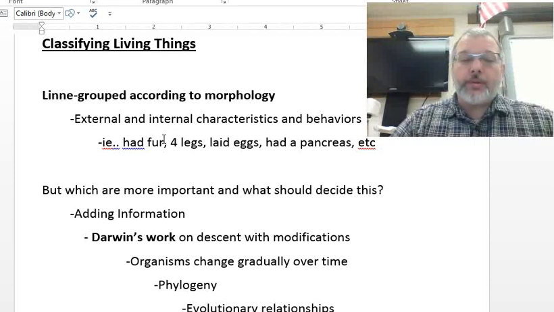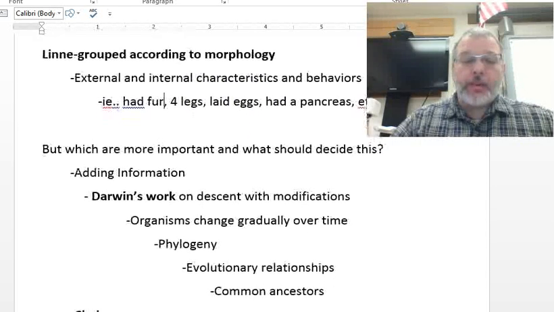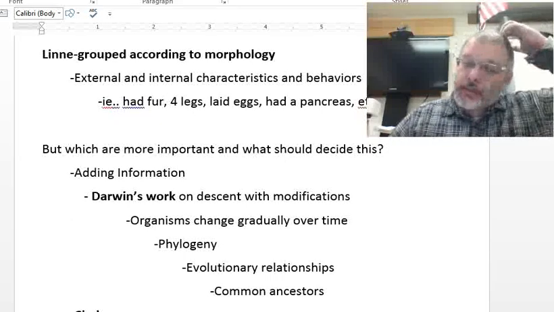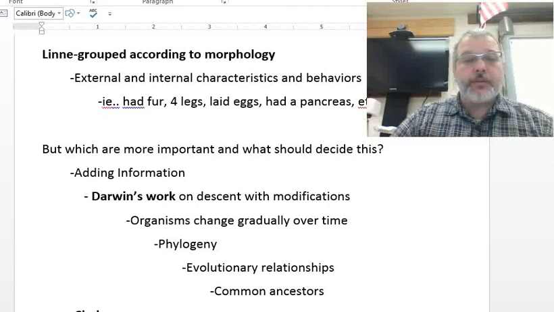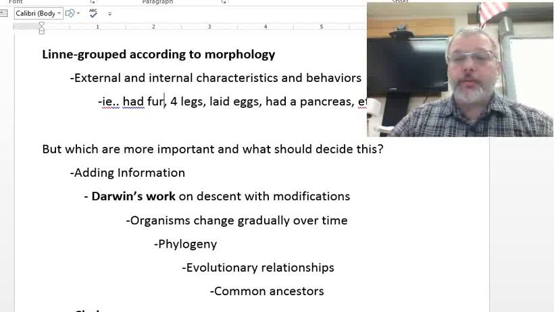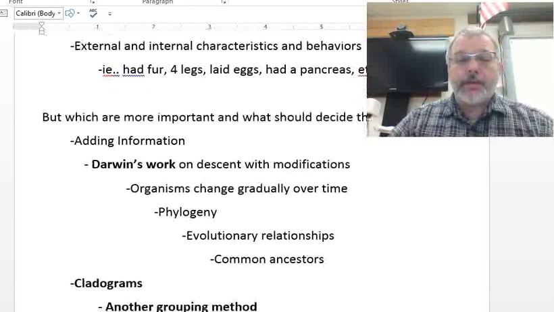But then you say, well, the squirrel has fur, so there's no way they could be related. But using phylogeny, you might say, well, at one time they all had a common ancestor that had many of the same characteristics as the squirrel and the salamander. But then there arose a new ancestor that had fur, and that one's related to the squirrel. But they all had a common ancestor that had some of the similar traits that squirrels and salamanders share. Okay? So that's the common ancestor idea and the evolutionary relationship.